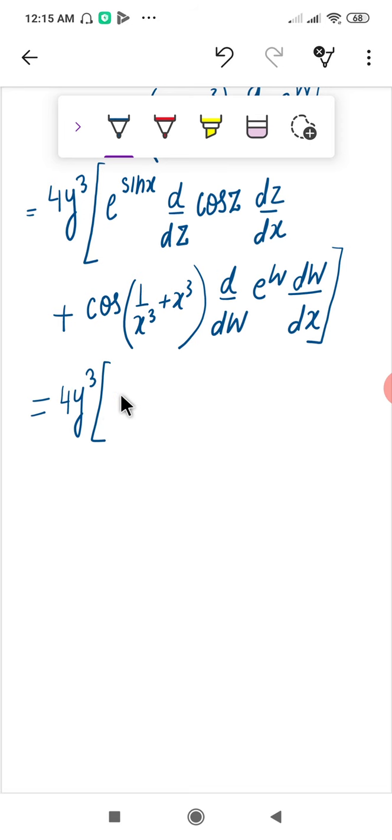E to the power sin x, d by dz of cos z, simple, minus sin z. I am not writing the z here again, otherwise we have to write sin x in place of z every time. So just write z only.